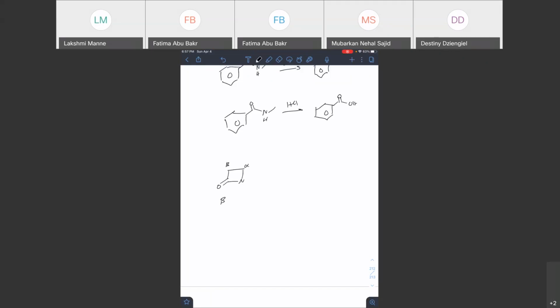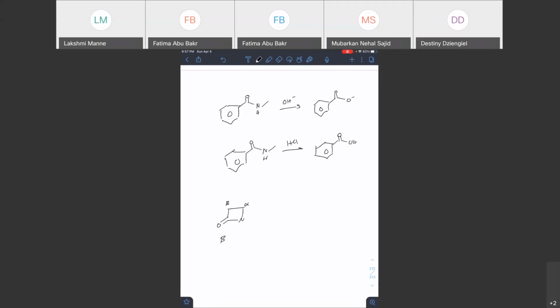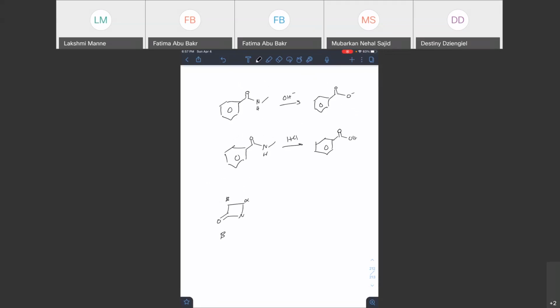There's only 2 carbons in between. And of course, there are some reactions that you could do with that. But, oh wait, he doesn't really go on to any of the reactions. But we already talked about amides, like these up here.